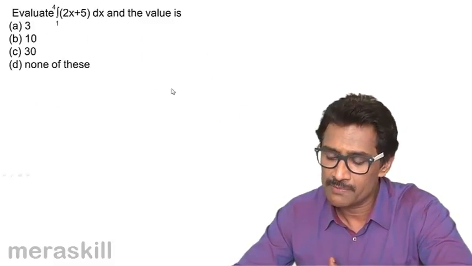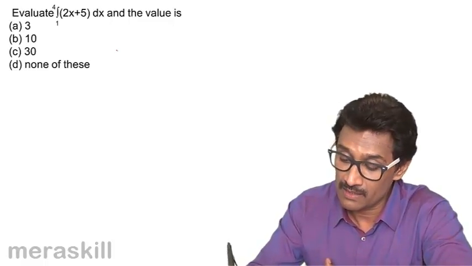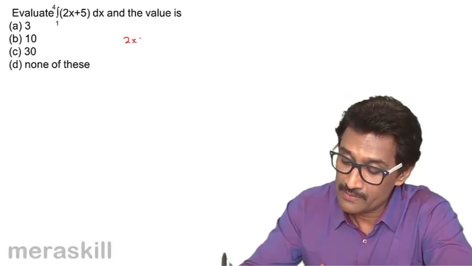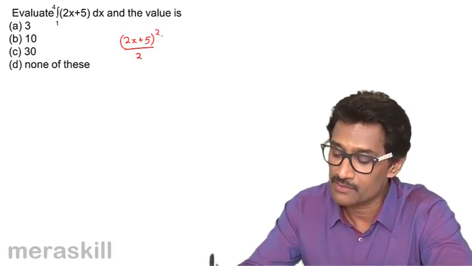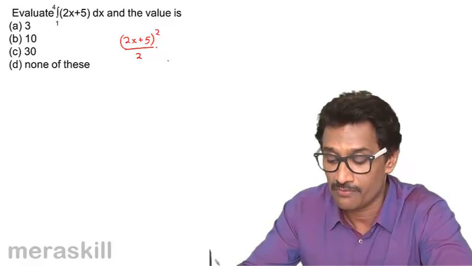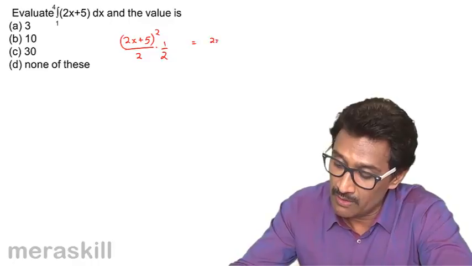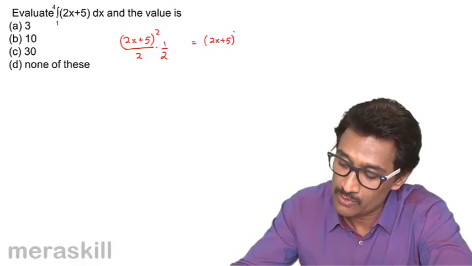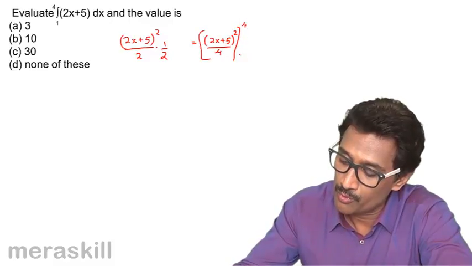Evaluate the integral of 2x plus 5 dx, and the value is what? We will say 2x plus 5 is nothing but 2x plus 5 the whole square by 2, and then let's not make the same mistake, the derivative of 2x, that is 1 by 2. It's eventually 2x plus 5 the whole square upon 4 from 1 to 4.